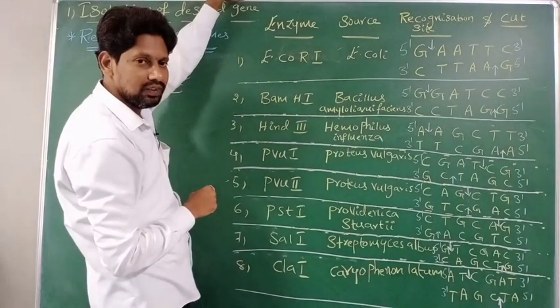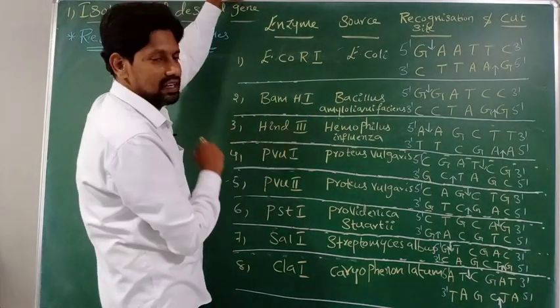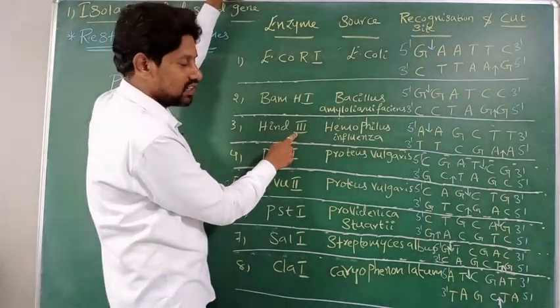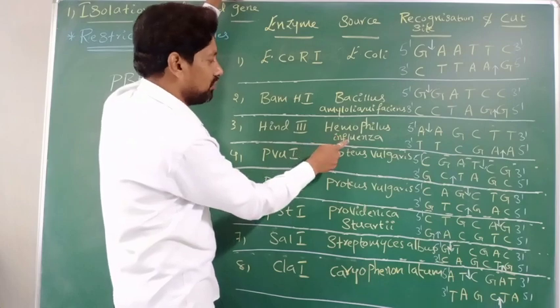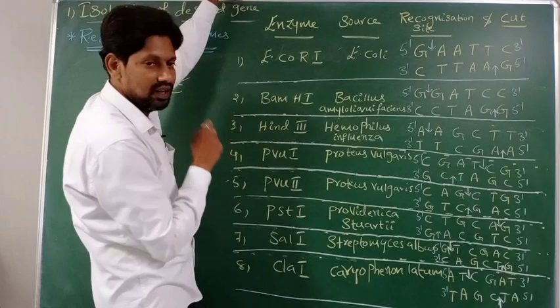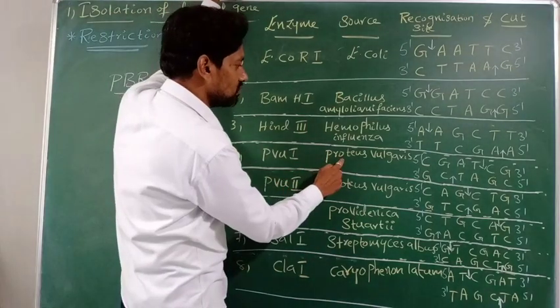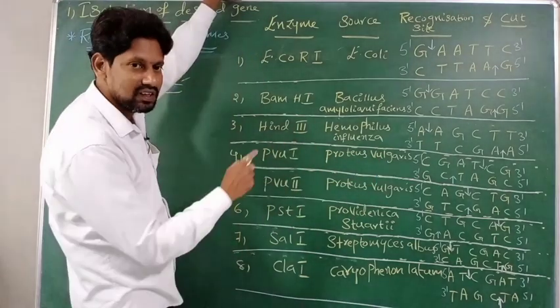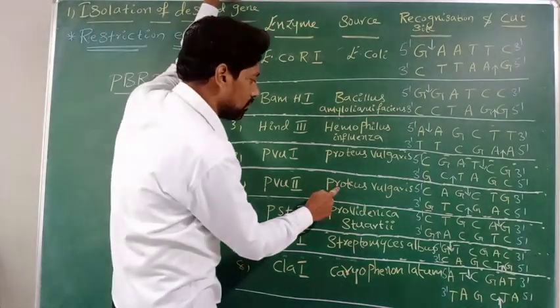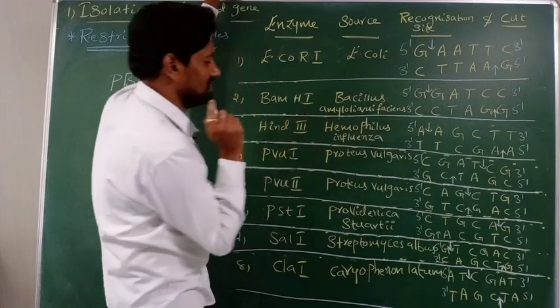Is it okay? HindIII is isolated from which bacteria? Haemophilus influenzae bacteria. PvuI is isolated from Proteus vulgaris. PvuII is isolated from Proteus vulgaris bacteria. Right.